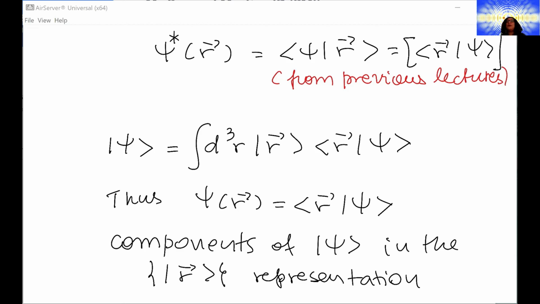And this is quite important because you really see that this ket is more general. It's like you write a vector and you choose to write it in Cartesian coordinates or spherical coordinates or whatever coordinates. These entries that you're going to have are not the vector.